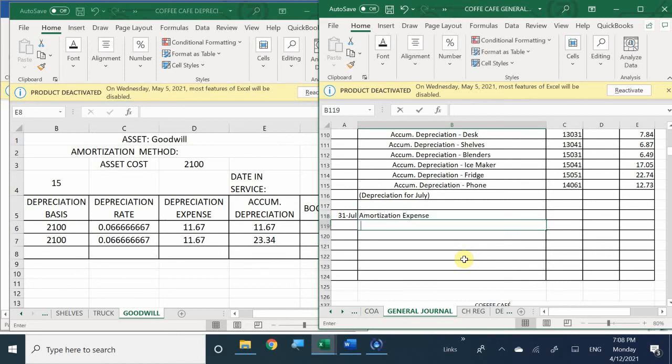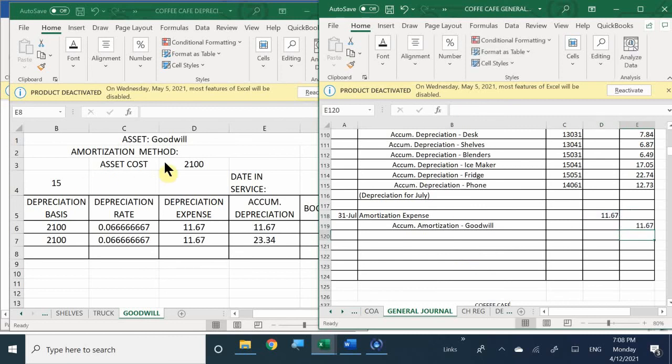So that's exactly what I'm going to journalize here, is that on 731, we got amortization expense, and we're going to accumulate amortization goodwill for the total of $1167.